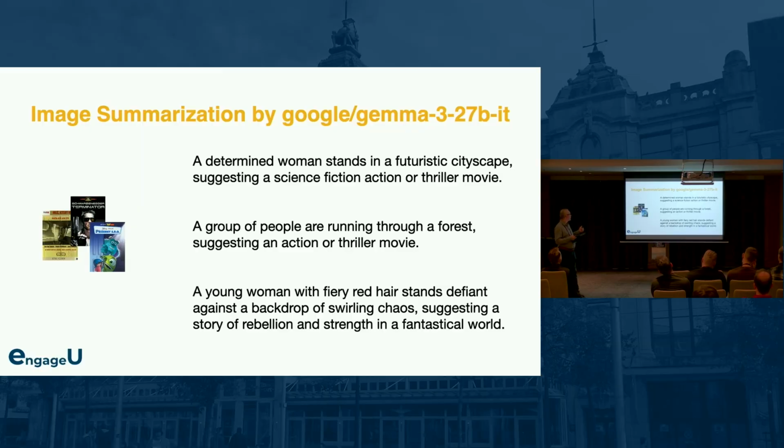One was: a determined woman stands in a futuristic city escape, suggesting a science fiction, action, or thriller movie. The second one was: a group of people are running through a forest, suggesting an action or thriller movie. And the third one: a young woman with fiery red hair stands defiant against a backdrop of thrilling chaos, suggesting a story of rebellion and strength in a fantastical world.